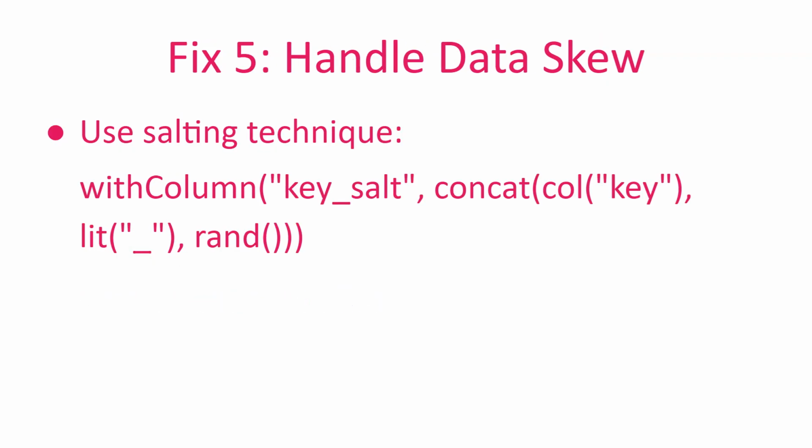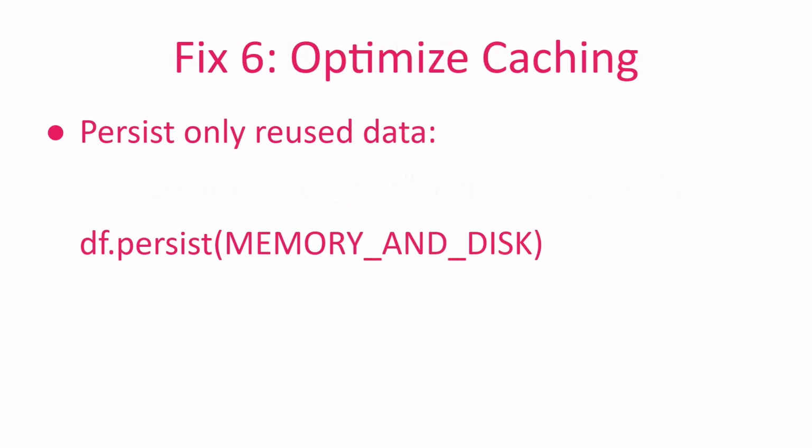Handling data skew. You can use repartition, like df.repartition by column keys, or a salting technique: df.withColumn("salt", concat(col("key"), lit("_"), rand(5))). In this way also we can fix the data skew.